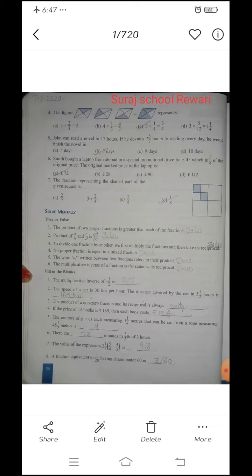Okay, so then we get 9 upon 8. Eighth question, if a fraction is equivalent to 1 upon 20 having denominator 60, whenever we multiply 1 upon 20 by the number that gives denominator 60, then we get 3 upon 60 as the answer.